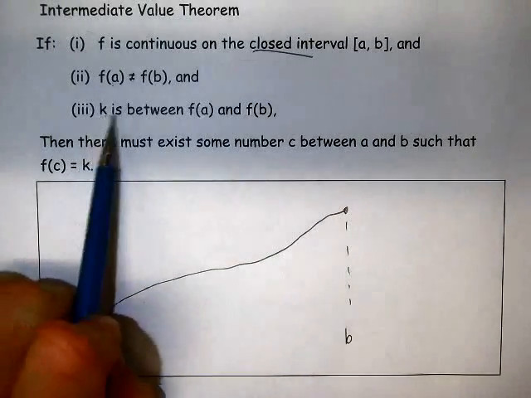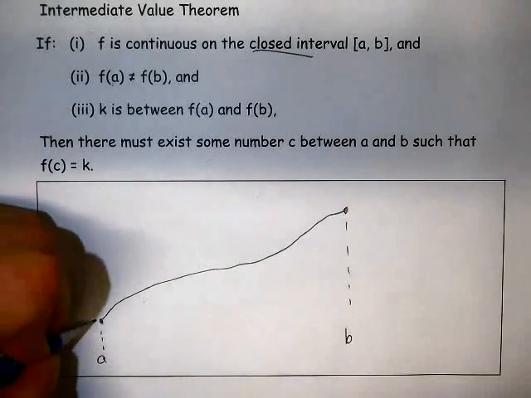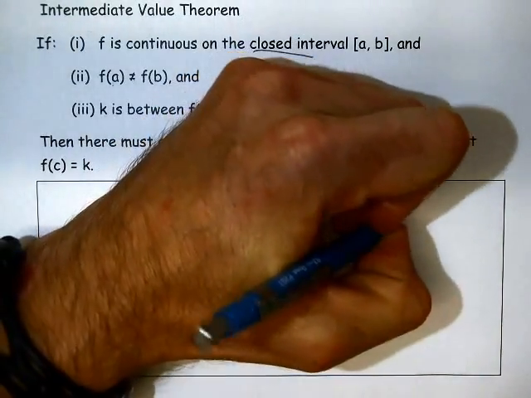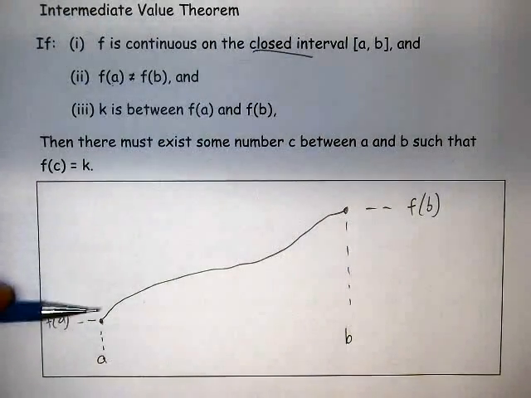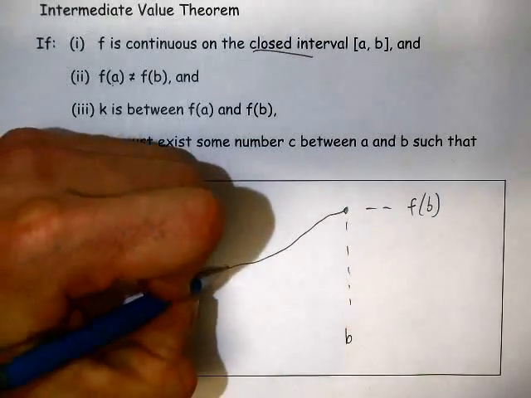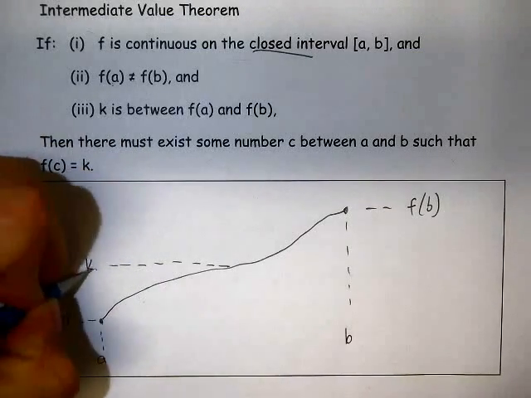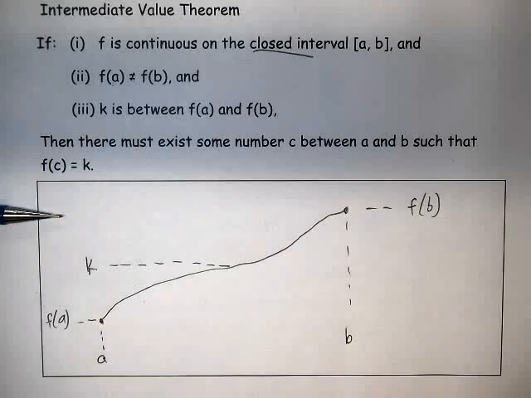Now we're going to pick some k value between f of A and f of B. So this is f of A here, and this is f of B here. So our k value has to be somewhere in this range here. It doesn't matter where it is. Let's just pick a k value between f of A and f of B. All right.